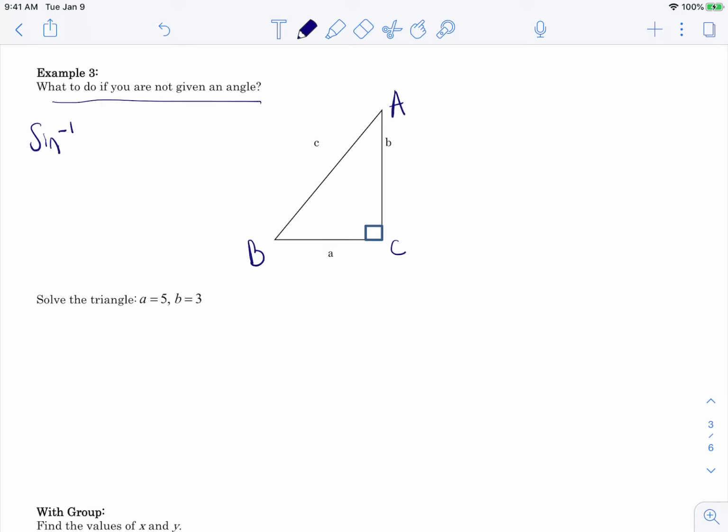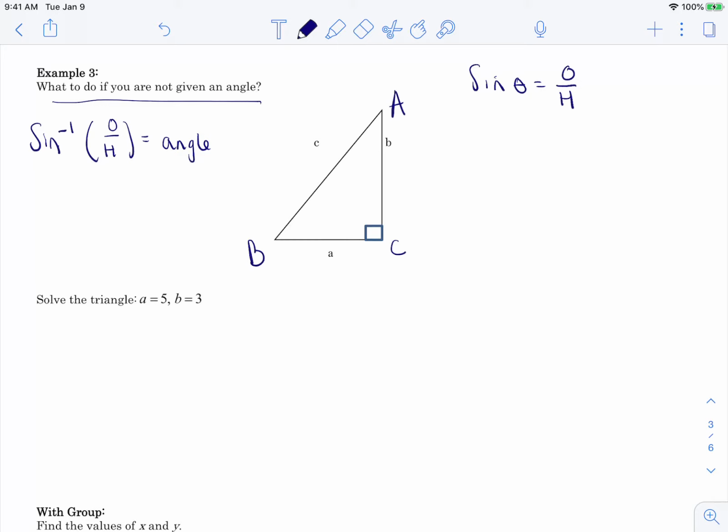So for the inverse function, your input is the ratio of the side lengths. If you remember from 111, with inverse functions you swap the domain and range, right? So with sine, remember, sine of theta, the definition is opposite over hypotenuse.